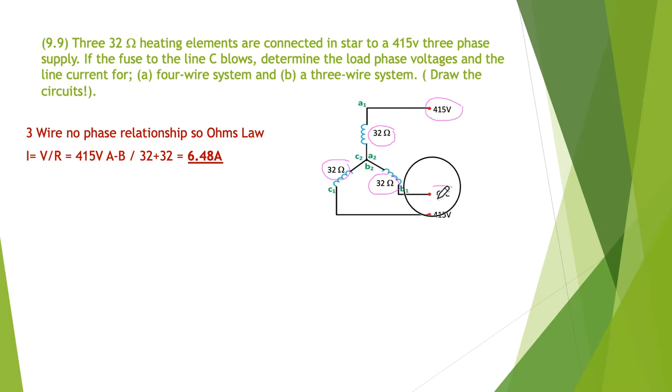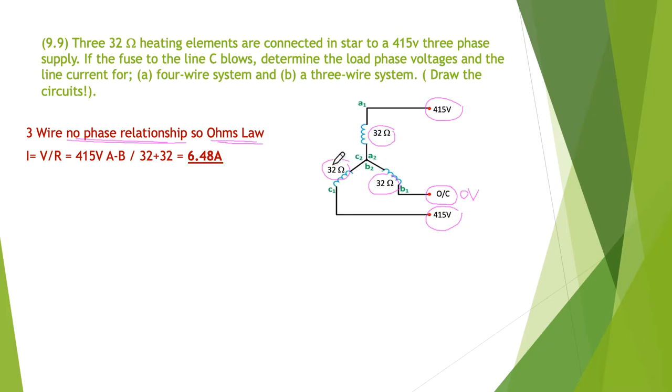But the B phase here is open circuit, so this one is 0 volts, nothing here, and we've got 415. Because of this arrangement, there is no phase relationship. It all goes out the window. So we're simply going to use Ohm's law.